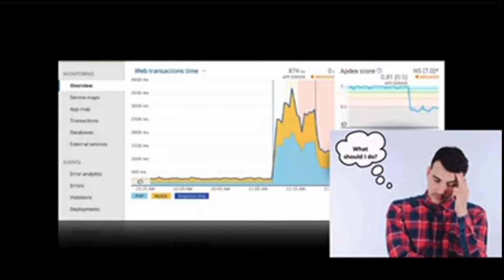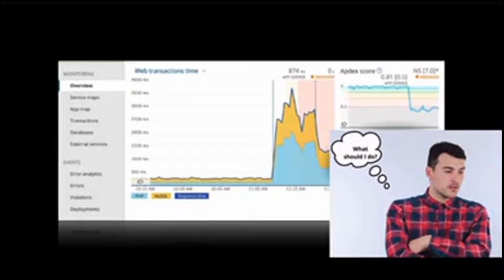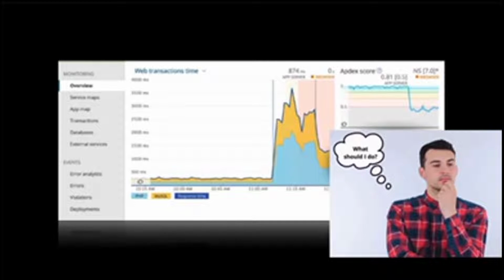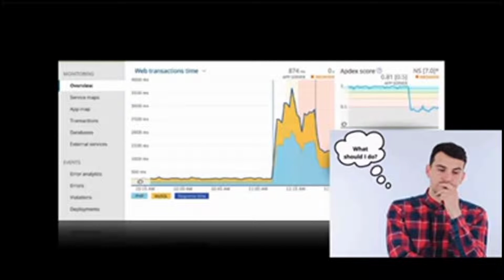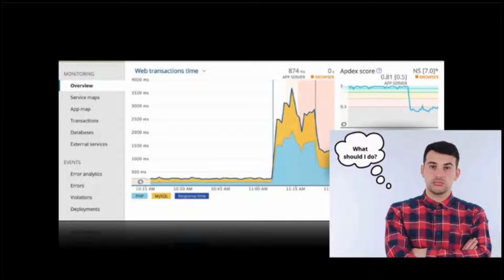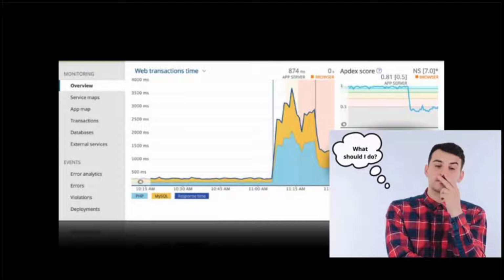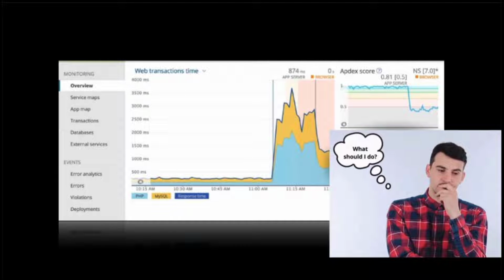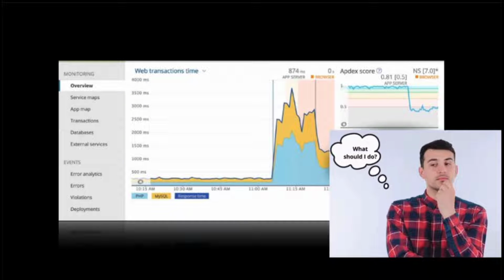Because this is the problem we see, right? For instance, here's a graph of web transaction time, and you can notice that everything's going along great, less than half a second, and all of a sudden, boom, out of nowhere, your web transaction times are taking a lot longer. You don't know what happened. You don't know why it happened, but you see that it did. And now you have to start correlating what time this thing happened.